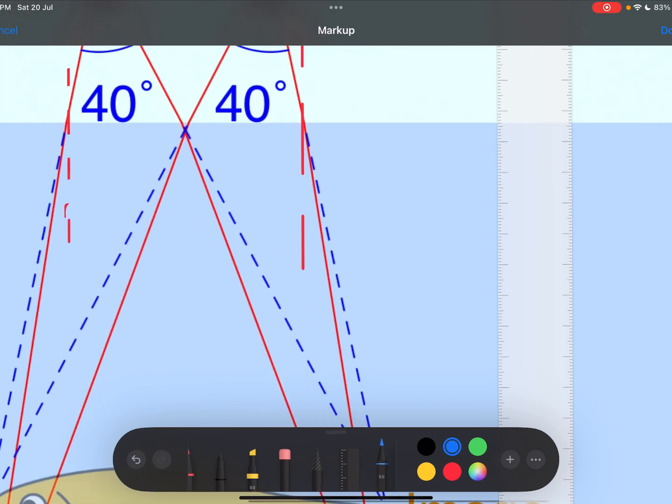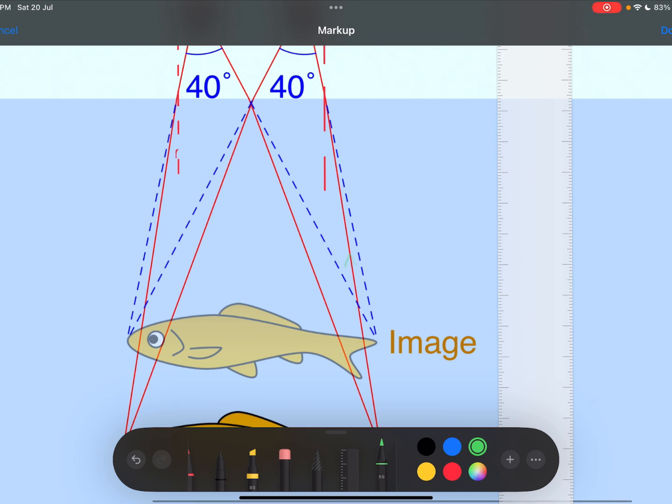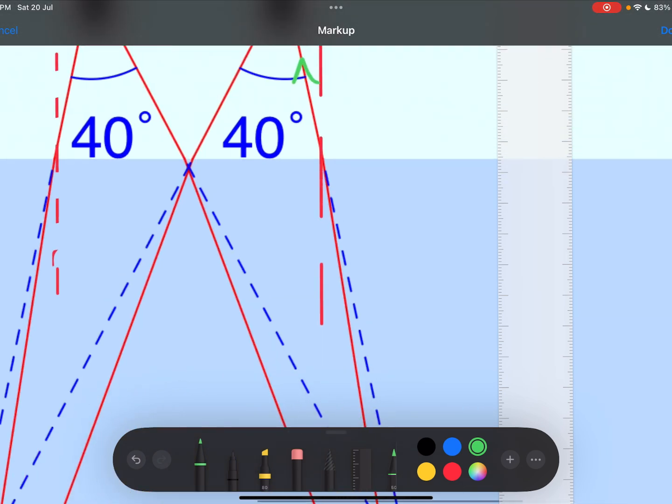Now, what direction is my light ray traveling from? It's traveling from the fish towards the eye. So, this angle as compared to this angle, we can say that the angle of refraction is greater than the angle of incidence, and hence this means that it has bent away from the normal.